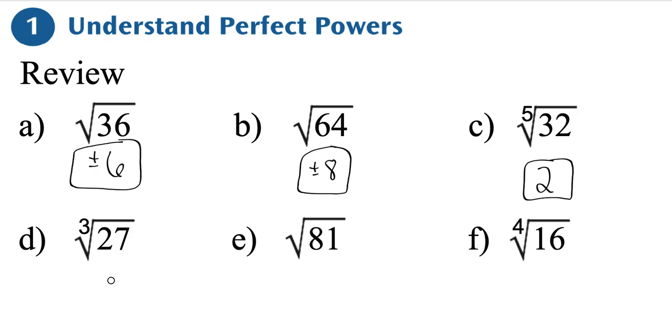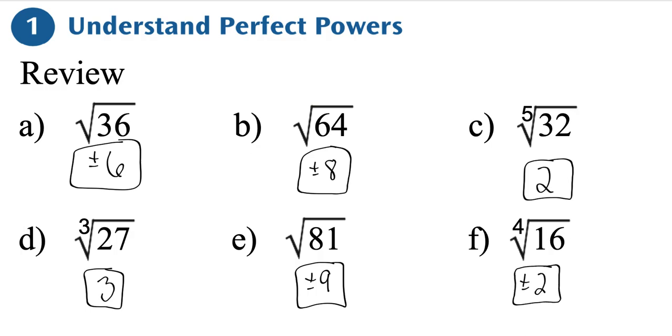Same thing with the cube roots. So this would be a 3 here, and it retains the sign. Square root of 81 is plus or minus 9. And 4th root of 16 is plus or minus 2. Okay? So remember with this one and this one, the bigger indexes, you ask yourself, what number times itself that many times gets you the number on the inside?